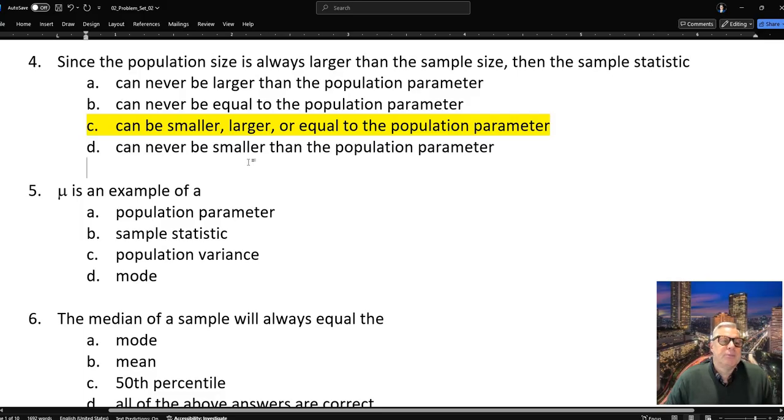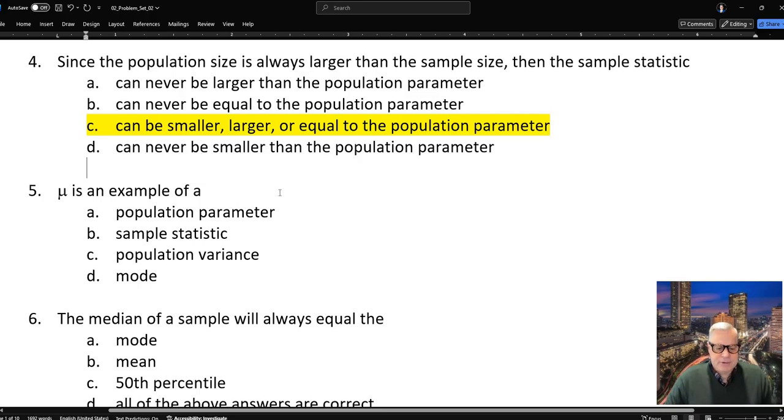So just think about if you have a statistic like the maximum, or let's say you take the minimum, then it's easy since the population size is always larger than the sample size.